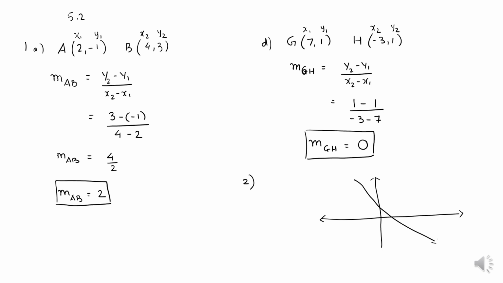Suppose I say this is my line L. Then this is called the x-intercept. This much portion will be called the x-intercept because this much x-axis has been intercepted by the line L. Similarly, this will be called the y-intercept.